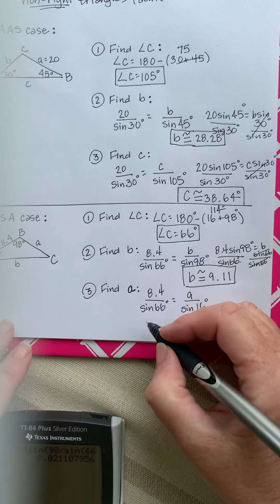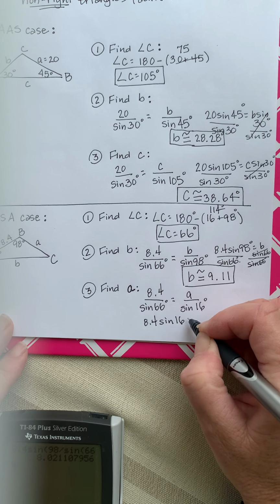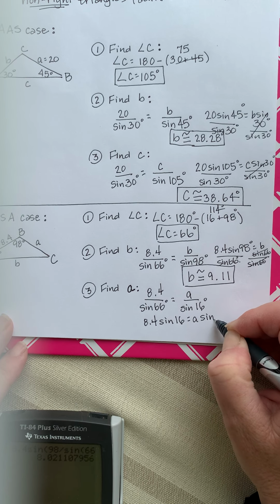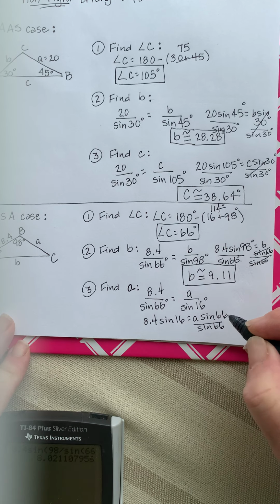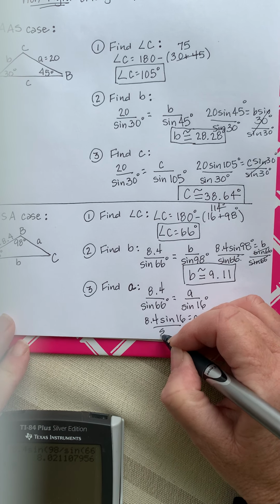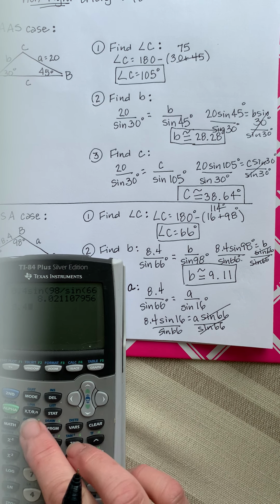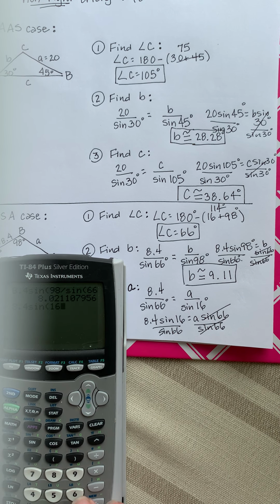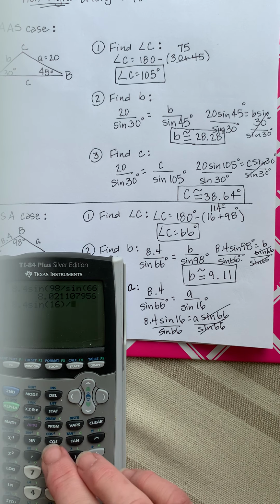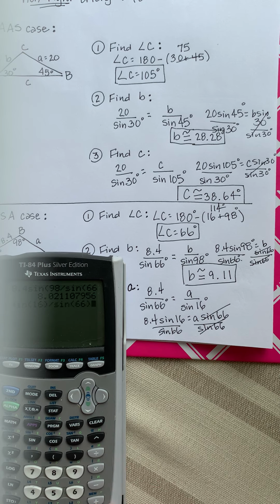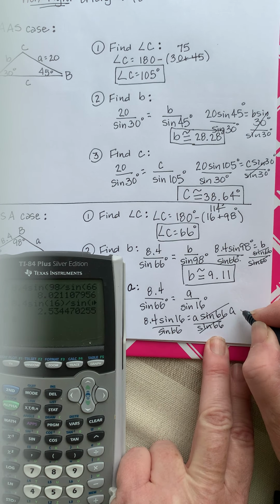And again, I'm going to cross multiply. 8.4 times the sine of 16 is equal to A times the sine of 66 and divide by the sine of 66. Okay, so 8.4 sine of 16, parenthesis or enter, divided by the sine of 66. And there we go, 2.53.